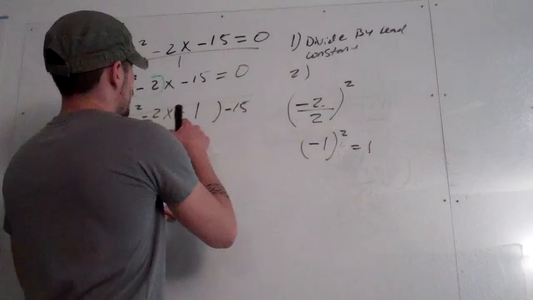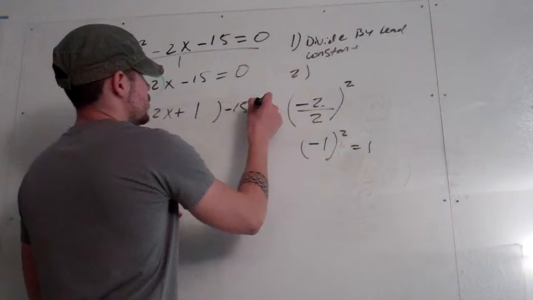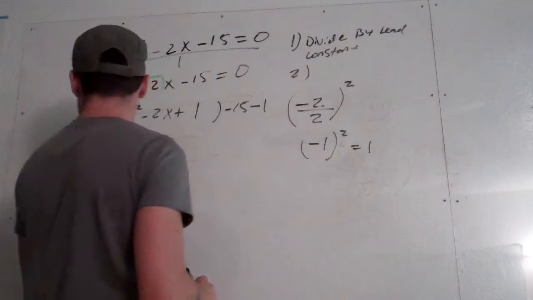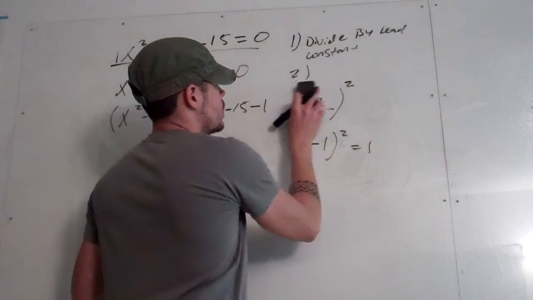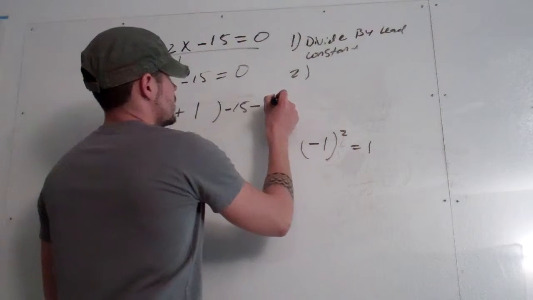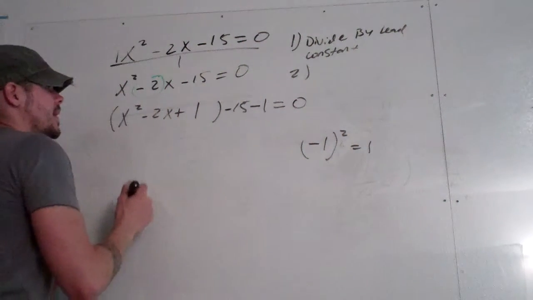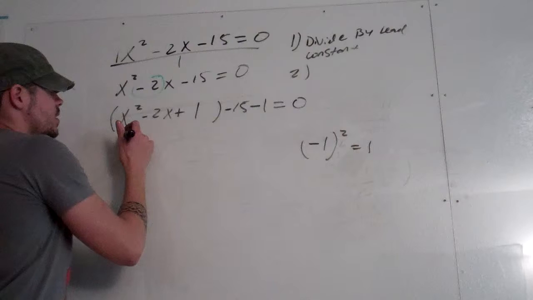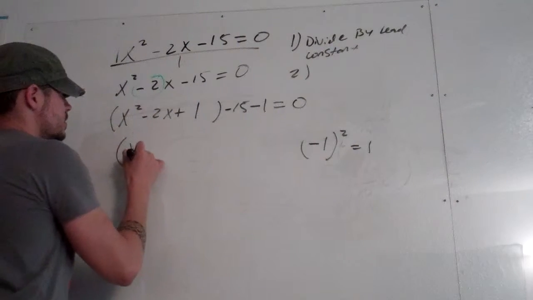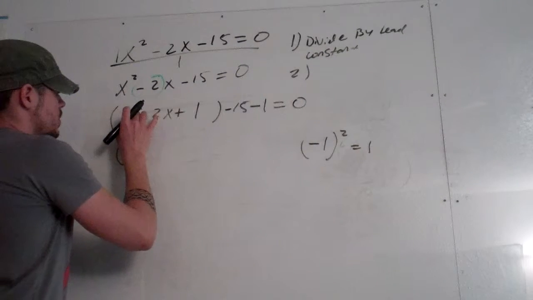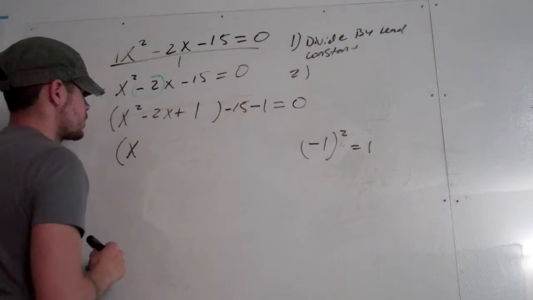Now, whatever I add in here, I'm going to have to subtract out here. We'll keep this right here. This is equal to 0. And so now I want to rewrite this as x to the first power.